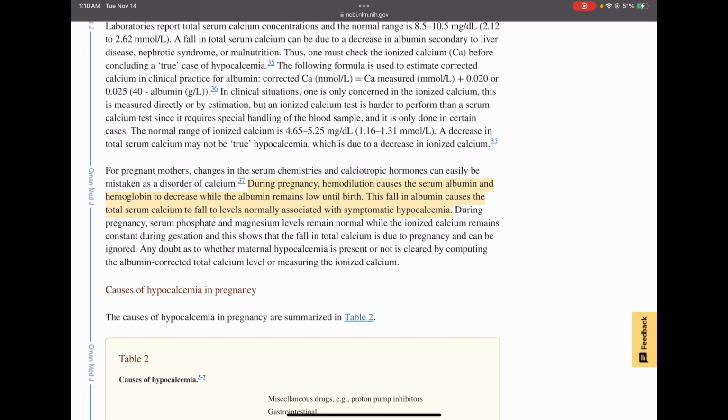These three lines: during pregnancy, hemodilution causes the serum albumin and hemoglobin to decrease, while the albumin remains low until birth. And as we know, calcium moves around in the blood by getting attached to albumin. This fall in albumin causes the total serum calcium to fall to levels normally associated with symptomatic hypocalcemia.